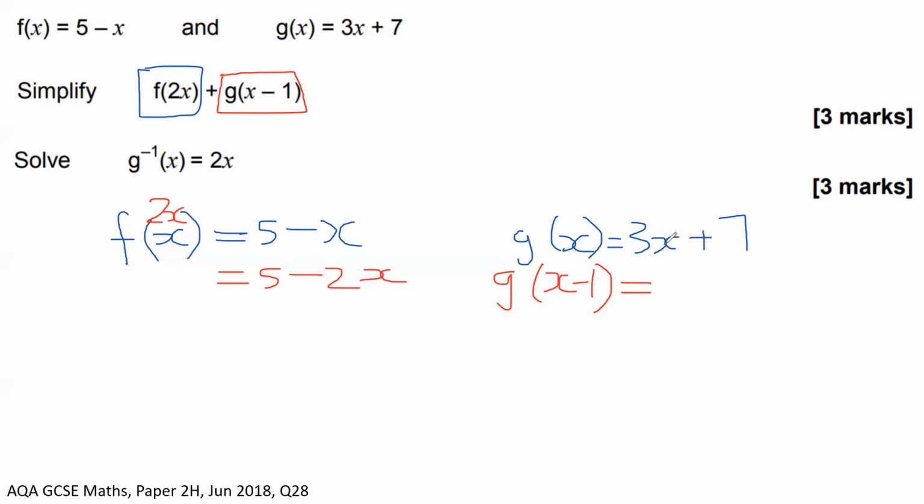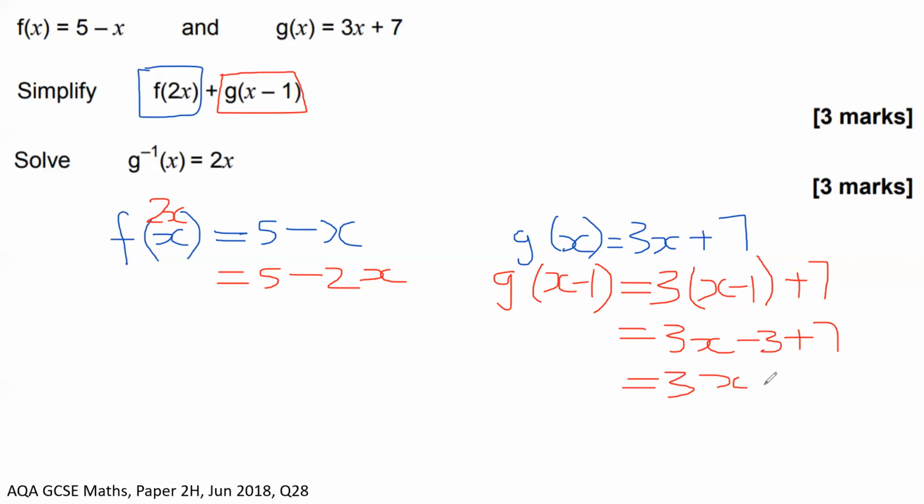We'll have 3, and we'll put it in brackets just to make things a little bit easier, and then add 7 on the end. If we multiply out the bracket, we get 3x minus 3 plus 7, which simplifies to 3x plus 4.